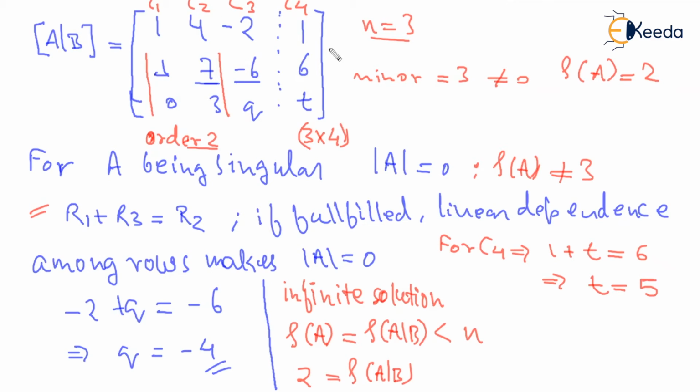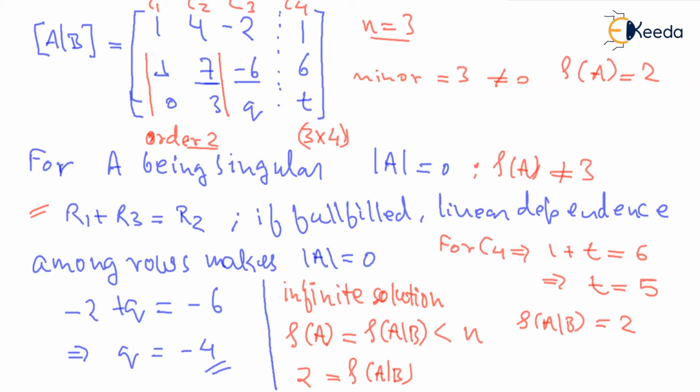If you forget this column 4, this is a 3 cross 3 A matrix and this order 2 minor belongs to A. Similarly, if A augmented B is here, this is 3 cross 4. This same second order minor is a subset of all the possible minors of the 3 cross 4 matrix also. So this is non-zero. So this gives rank of A augmented B equal to 2.